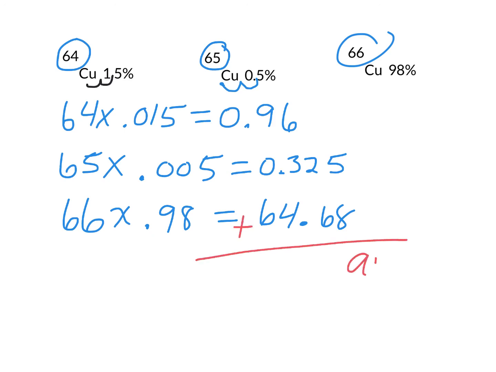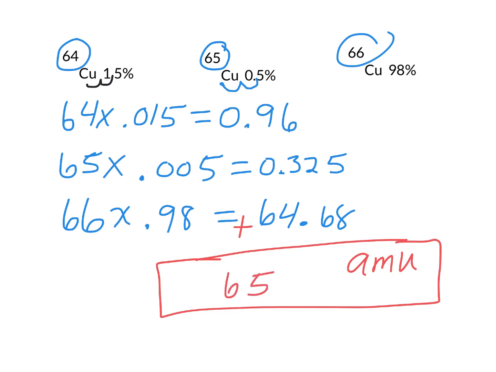And so now your last step is you're going to add them all up to get your average mass unit. Very good. So what's my total? 63.965. Yes. Very good. Good job.